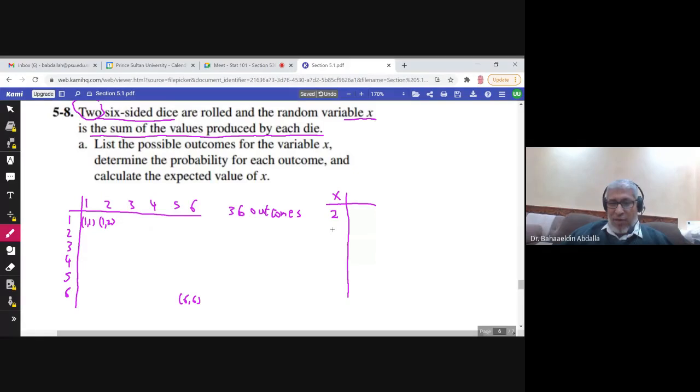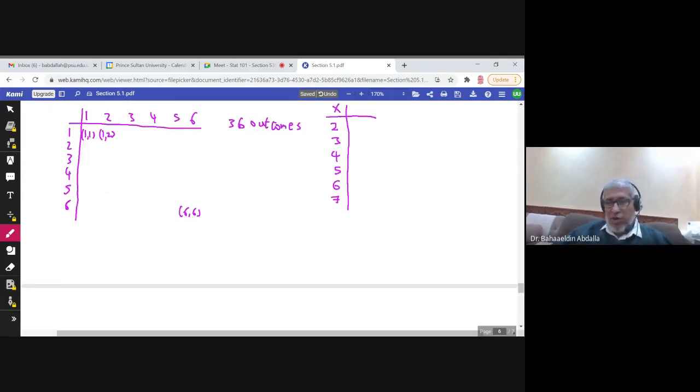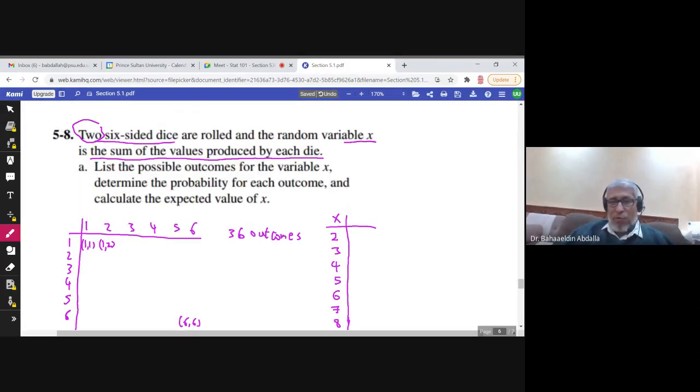What about 3? 1 plus 2, it is there. 1 plus 3, 4. 1 plus 4, 5. 1 plus 5, 6. 1 and 6, 7. Okay. Up to what? Up to 12, because 6 plus 6 is 12. So all of these are possible values of the random variable x, which is defined by the sum of the values for the 2 dice.